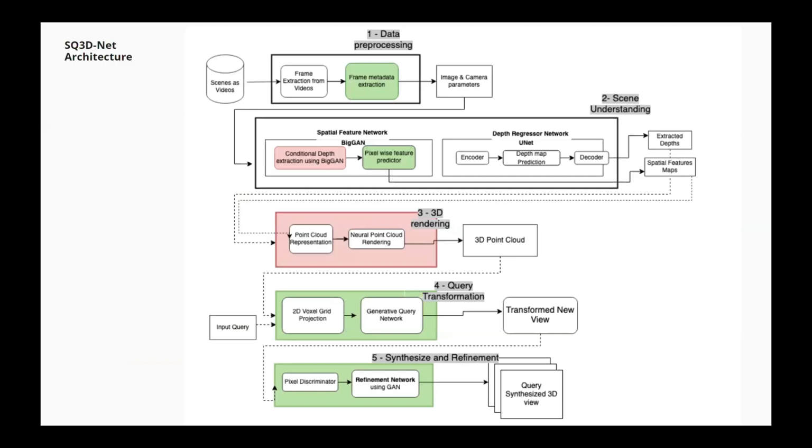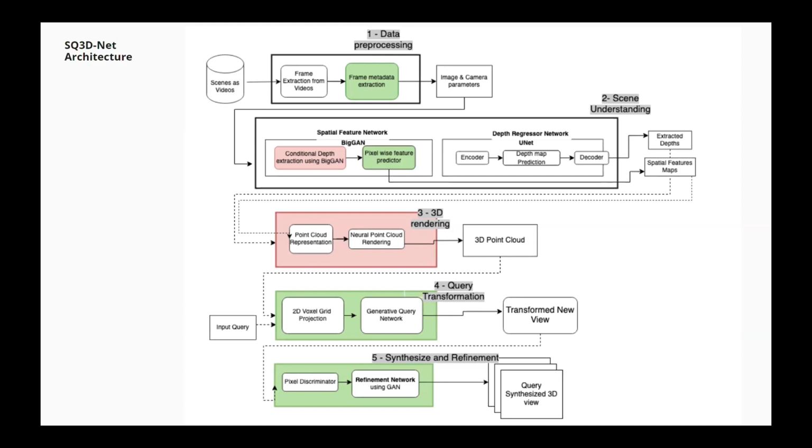Yeah, so this would be our SQ3DNet architecture. For flexibility, we have split it into 5 modules with initial data pre-processing. Data pre-processing is basically where we extract the frames from the videos. So our input is a single view 2D image, but that was extracted from the videos. All the frame processing happens in module 1. And then the single view image is fed into scene understanding.